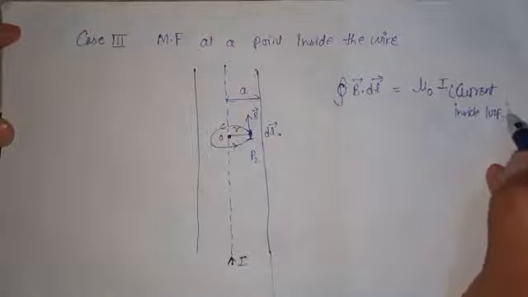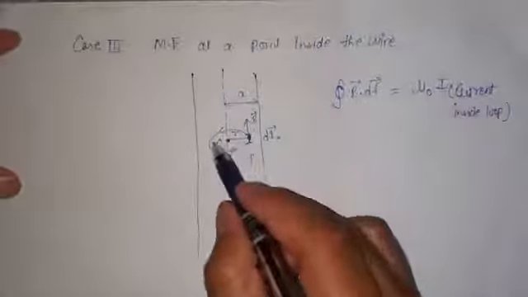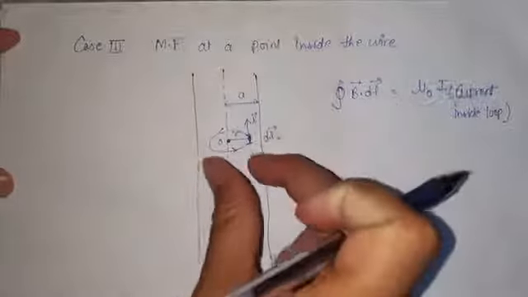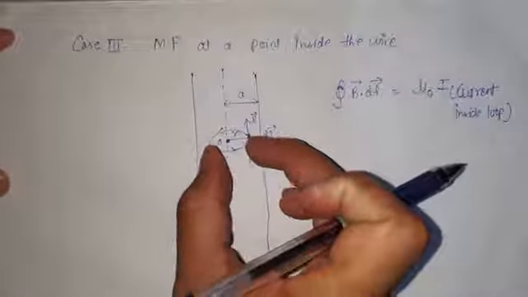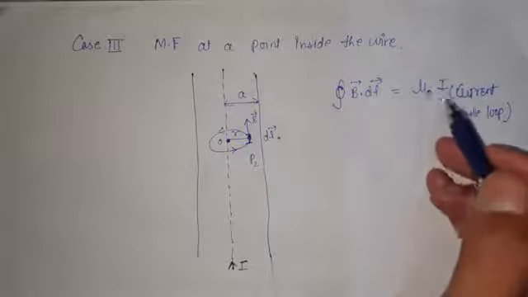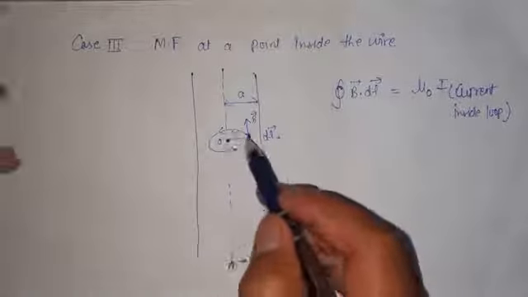Which current are we going to consider? It is that current which is inside the loop. We are not taking the whole current which is in the wire, only the current which is going through the inside of the loop. That means we need to determine how much current is passing through only this loop.